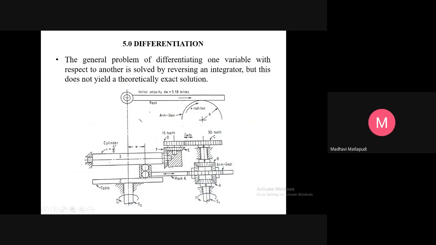Simultaneously, S2 is rotated with X rotation, and this is transmitted through the table to the ball carriage. So the ball carriage now has a differential speed. One is through the rack, the other will be through shaft S2.